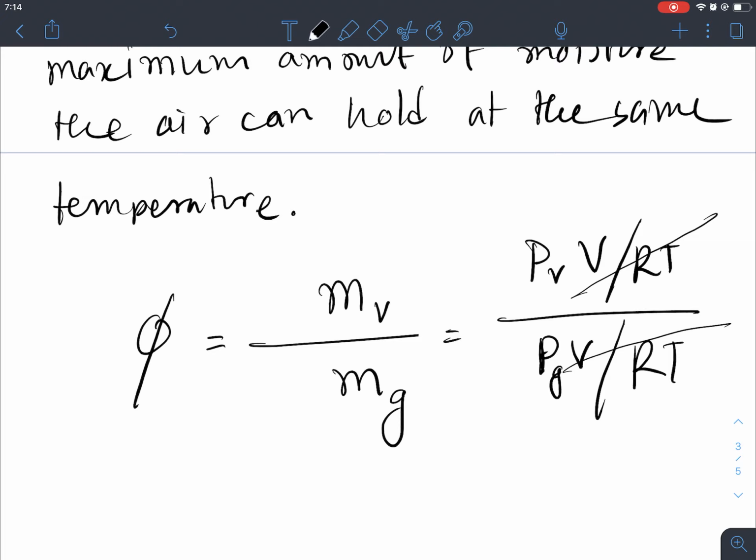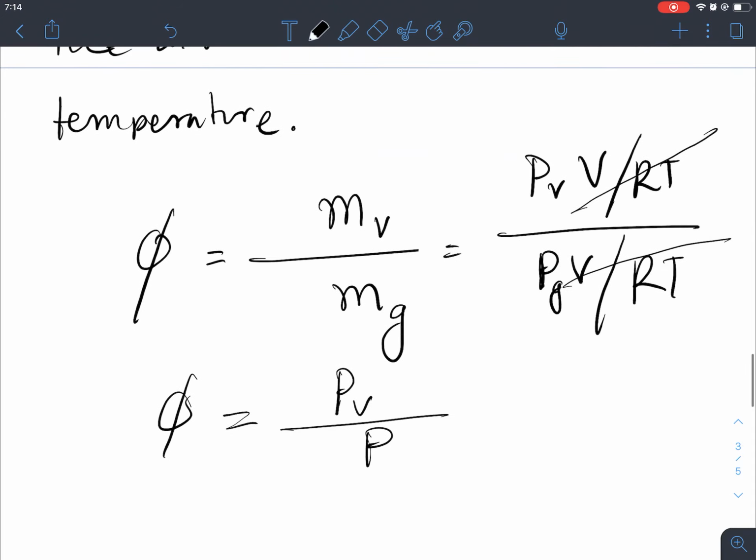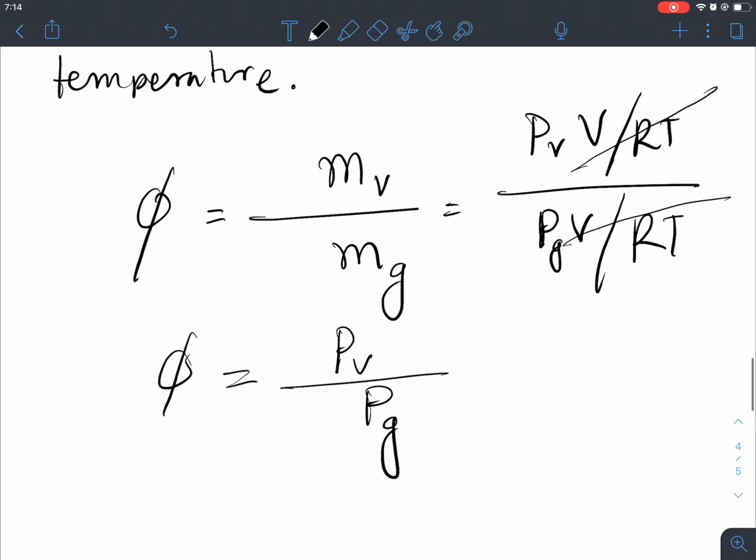So this will be omitted, and the relative humidity definition we can write as the pressure of the vapor divided by the pressure of the maximum vapor that can be present in the air, so Pg, right?